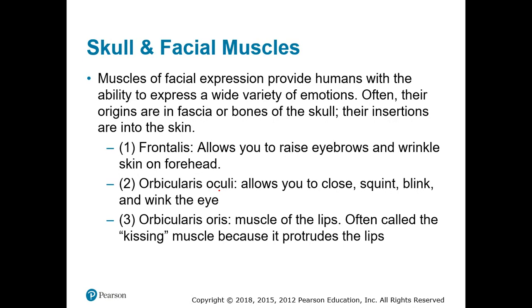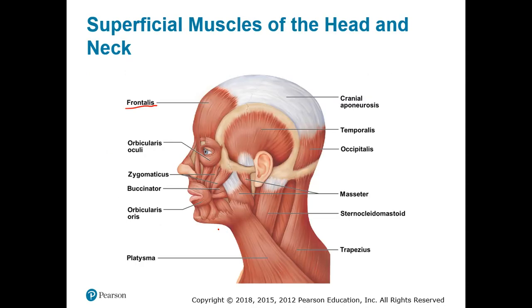This allows you to close your eye, squint, blink, and even wink. The orbicularis oris, I think of oris as being oral. This is around your mouth. This is also known as the muscle of the lips. It is often called the kissing muscle because it helps protrude your lips. So here we see your orbicularis oculi muscle around your eye, and then your orbicularis oris muscle around your mouth.